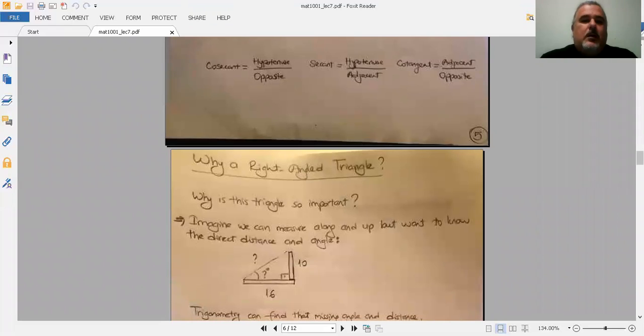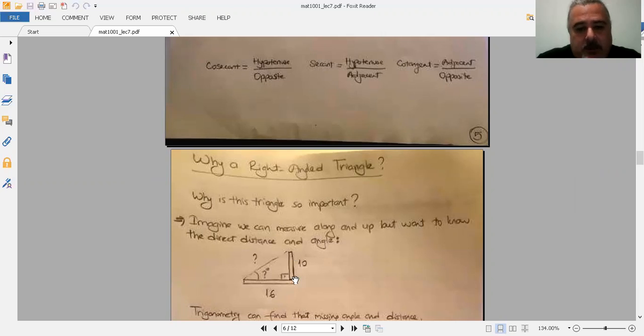Okay, let's discuss why this right angle triangle is so important. So imagine we can measure along and up, but want to know the direct distance and angle. So we have some missing parts in our measurement.